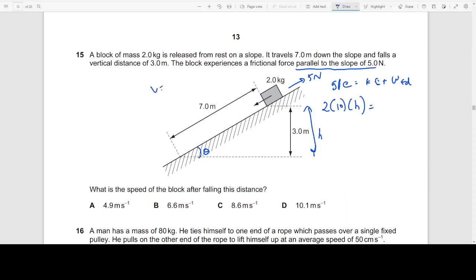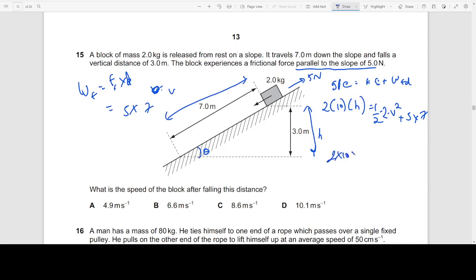Let's take the final velocity as v, so plus half m v square, oh sorry, we have the value of m, plus the work done against friction, which is 5 Newton multiplied by 7 meters, because work done against friction is just force against friction into distance. Correct. So yeah, we have 2 into 10 into 3 equals v square plus 35.